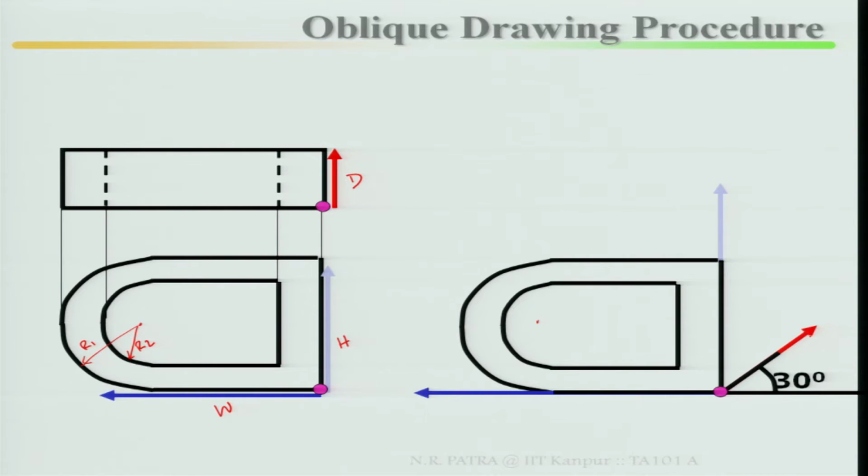The depth direction has been drawn at an angle of 30 degrees, right up. This is the depth, and you can take this measurement in the depth direction. Similarly, at the top, in the height direction, you finish it up. Then once you have your dimensions, depth, height and width, in the depth direction, follow the same procedure as for the front view, for whatever you have drawn on the rear side.